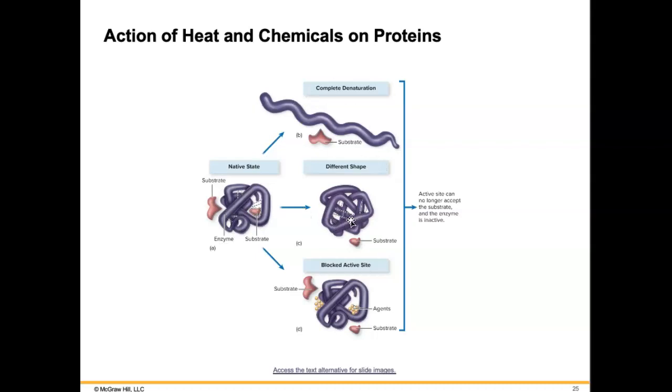Depending on what we do, it can change the shape enough that the substrate cannot connect anymore. And if we change the shape enough, these agents will block the substrates from attaching to the actual enzyme. So the agents that we use can mimic the action of the original substrates.